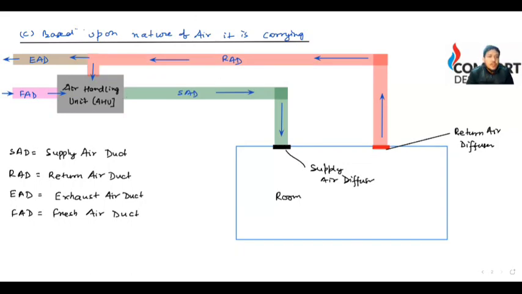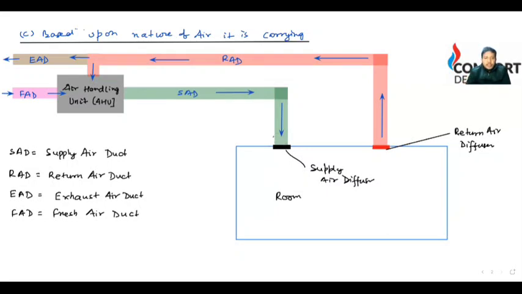Okay, so there is one query from Mr. Chakres, what is the work of diffuser? The air which is coming from this air handling unit with the help of supply air duct, the air being carried from this AHU to room, will be supplied inside the room with the help of this diffuser.